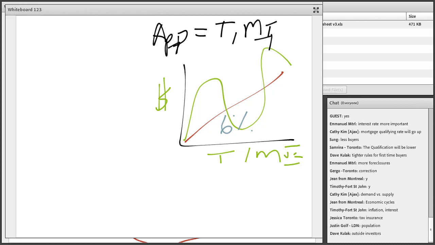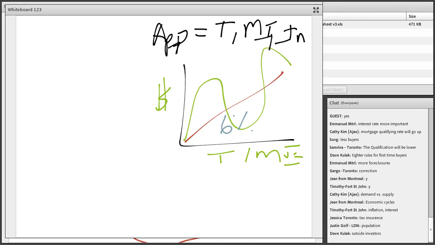What else? Taxes, maintenance, insurance, and somebody just said it. Timothy said it, inflation. This is what really causes the 6% increase. Because to own a house, you got to pay that every single year. Every single year, there's a cost for taxes, maintenance, insurance. It's all in there, right? That is going to add up to roughly 6%.